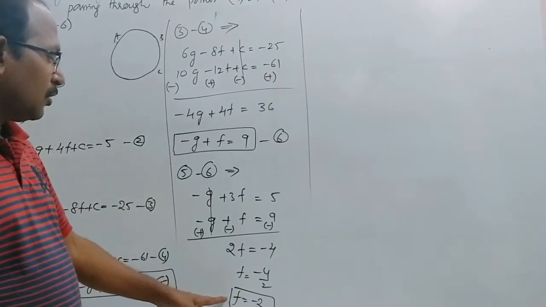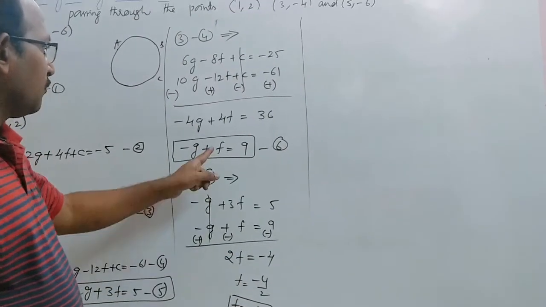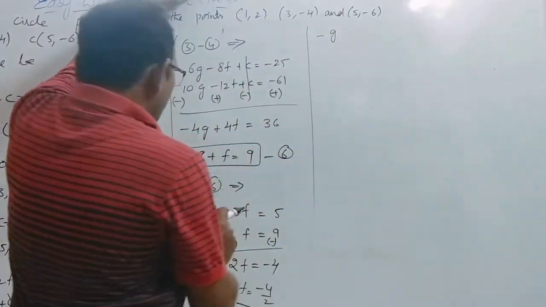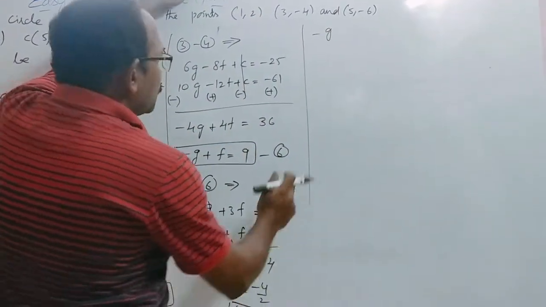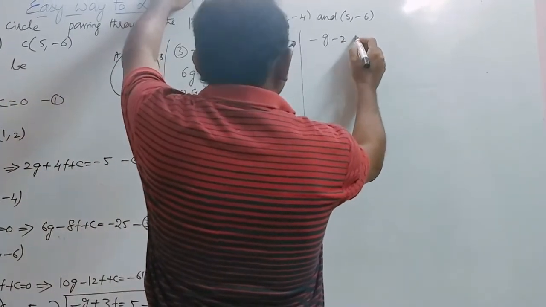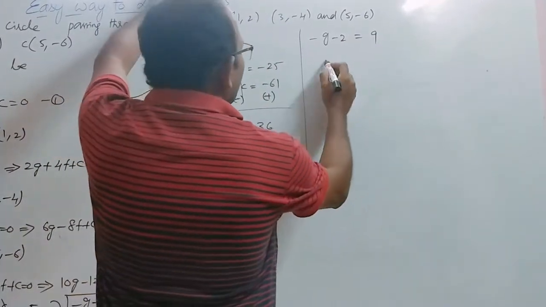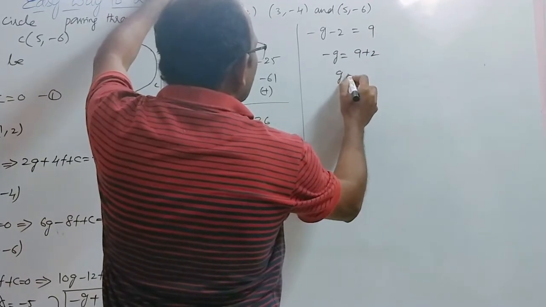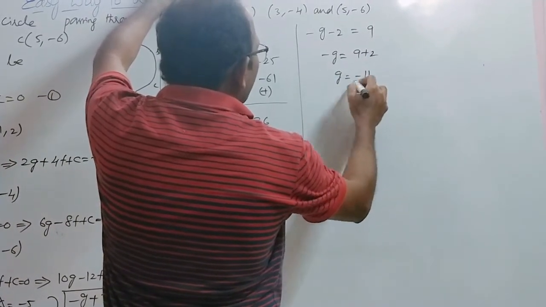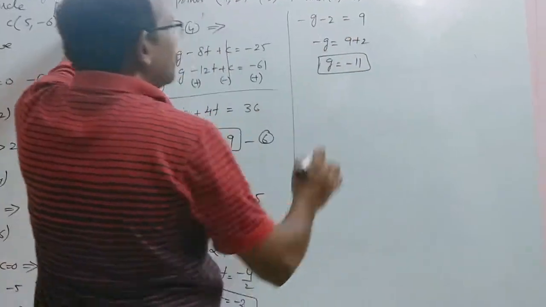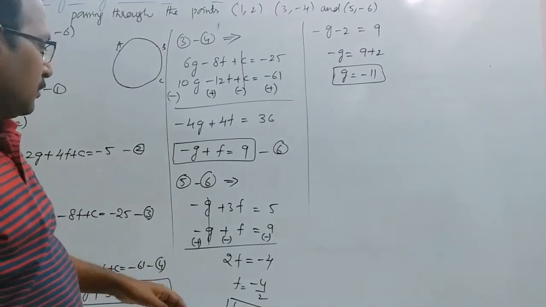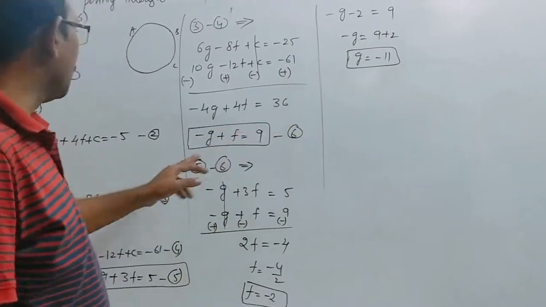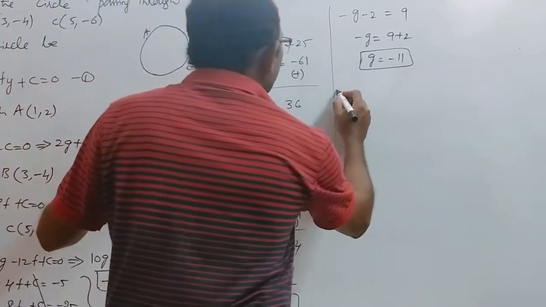Now let us substitute this value f is equal to minus 2 in equation 6. Therefore minus g, in place of f we substitute minus 2, plus minus 2 is equal to 9. Then minus g is equal to 9 plus 2. Then g is equal to minus 11. Then to find the value of c, we substitute f and g in equation 2.